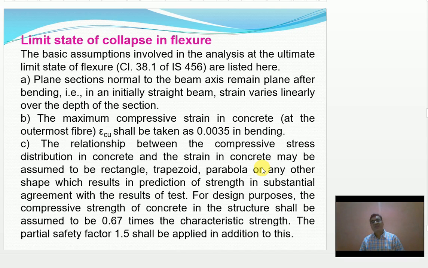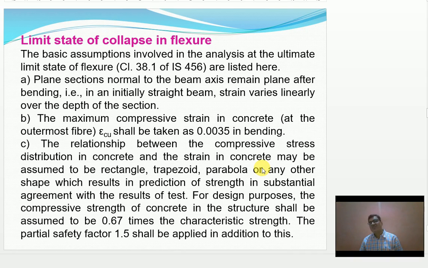The second assumption is that the maximum compressive strain in concrete, that means at the outermost fiber, shall be taken as 0.0035. Already we saw this in the stress strain curve. The notation used here is epsilon cu. The third assumption, which we saw earlier, is the relationship between the compressive stress distribution in concrete and the strain in concrete.